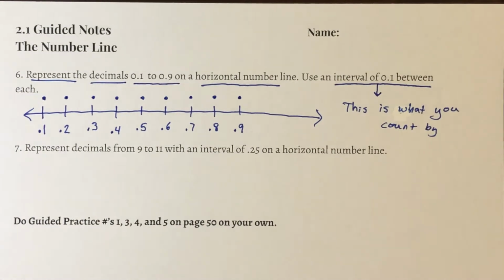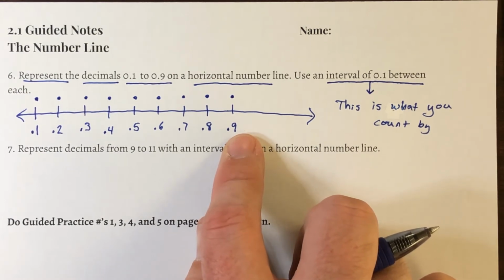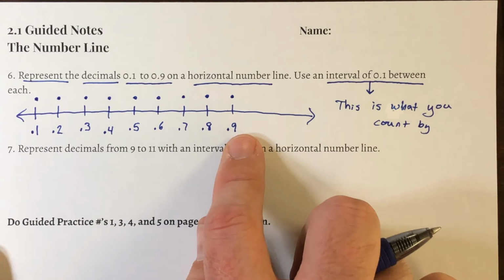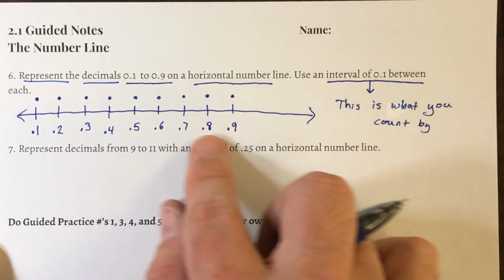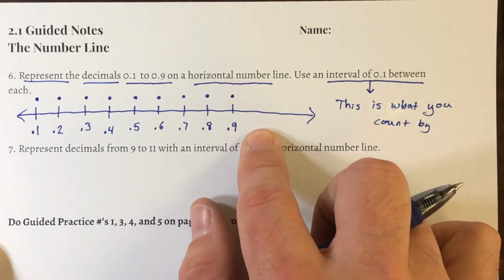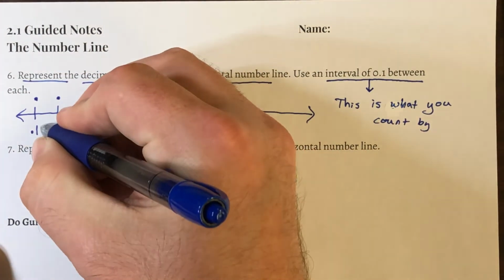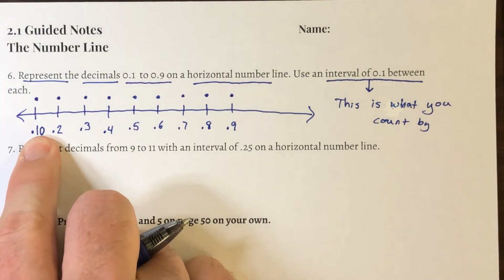Now, one little bit of information. Let's say you wanted to go further than 9/10. A common mistake is saying what I said earlier, 0.1, 0.2, 0.3, 0.4, and so on. Because when you get to 0.8 and 0.9, you want to say 0.10. 0.10 is actually 1/10.